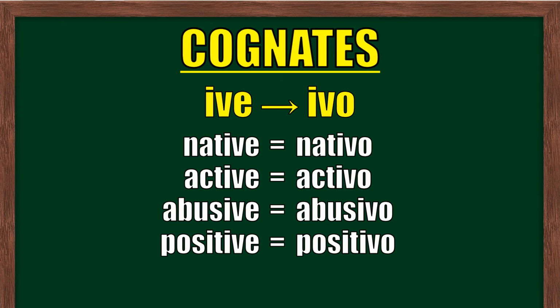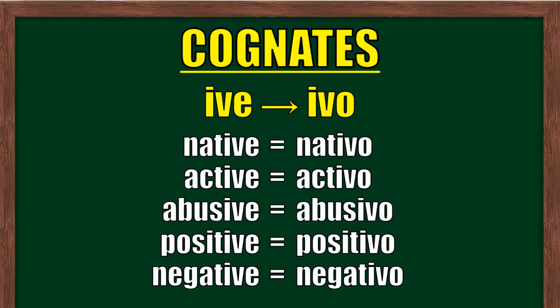Negative becomes negativo. Remember, in Spanish, the V is usually pronounced like a B. There are some very small parts of Latin America where they pronounce the V as we pronounce it in English. But in the great majority of Latin America and in Spain, the V is pronounced like a B. Nativo, activo, abusivo, positivo, negativo.